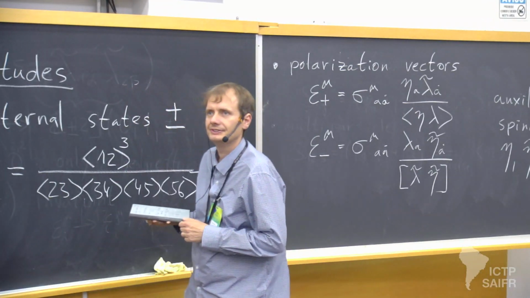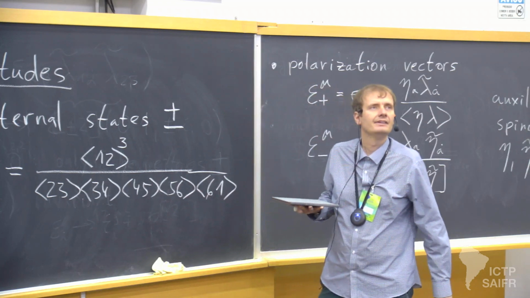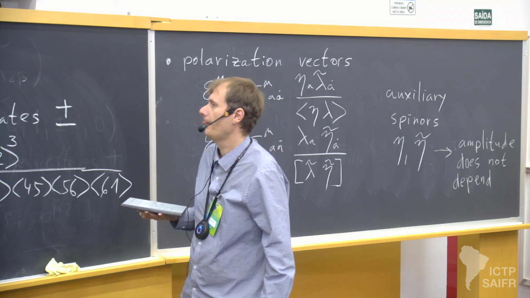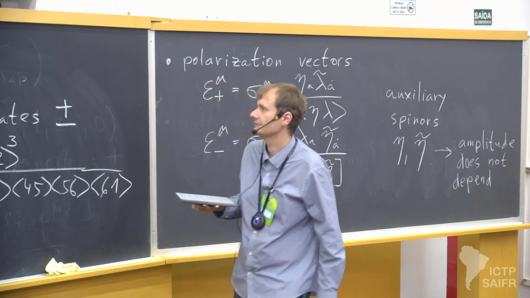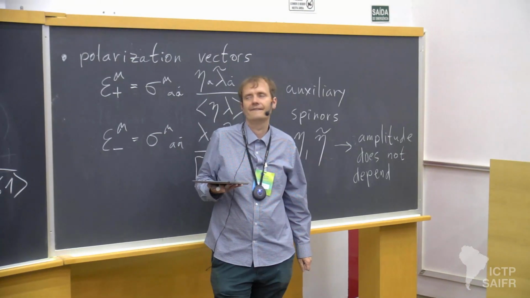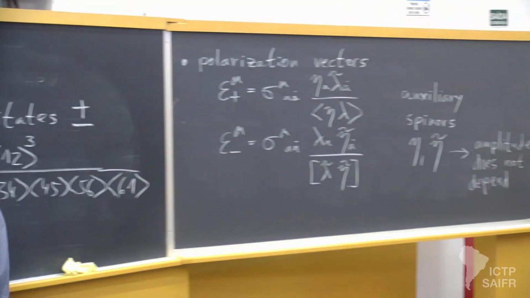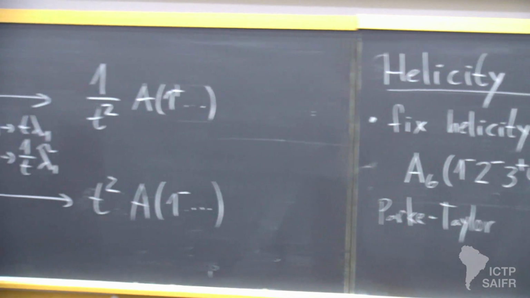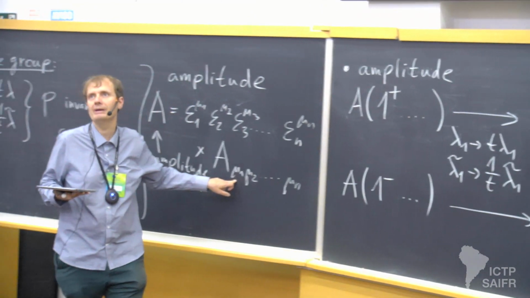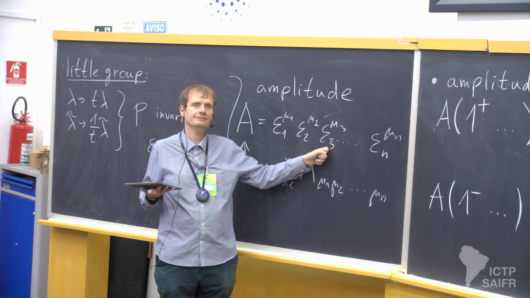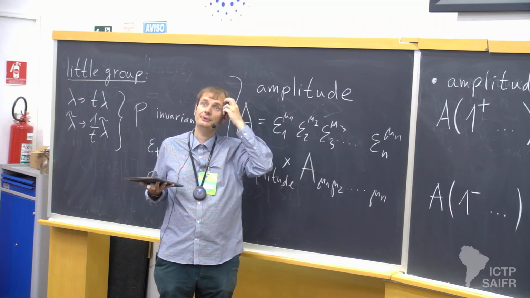Any questions here? Yes, question. Sorry, the A mu over there, does it depend on the momenta as well? Yeah, it depends on momenta, only momenta. Because for each particle, you get a helicity function.